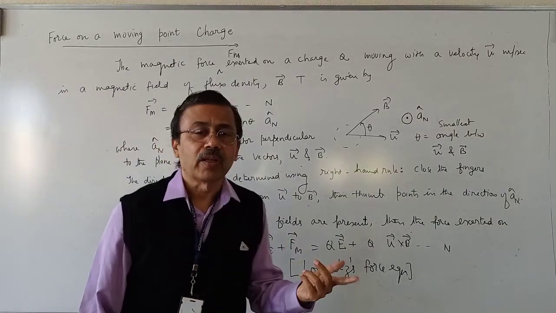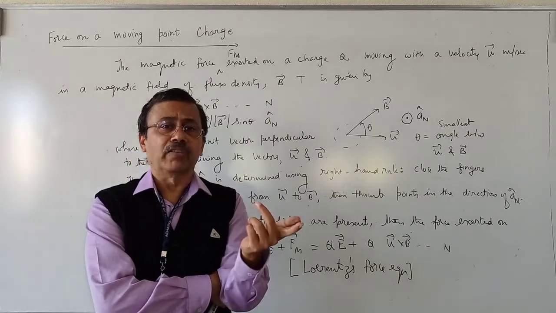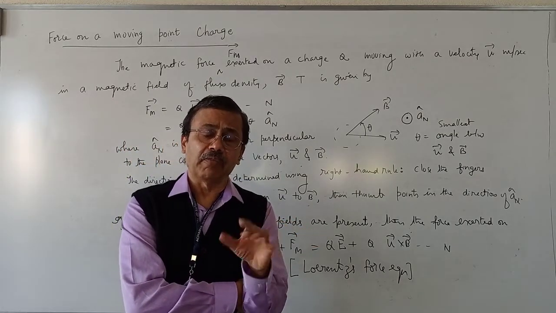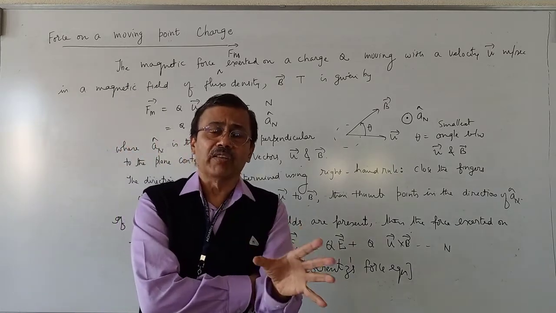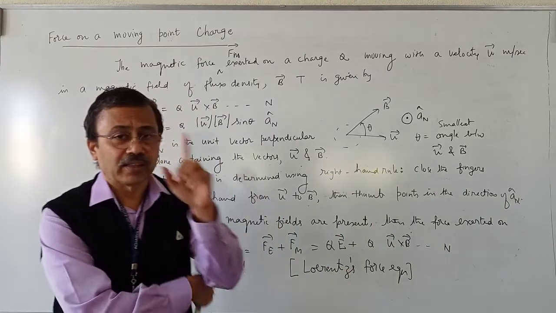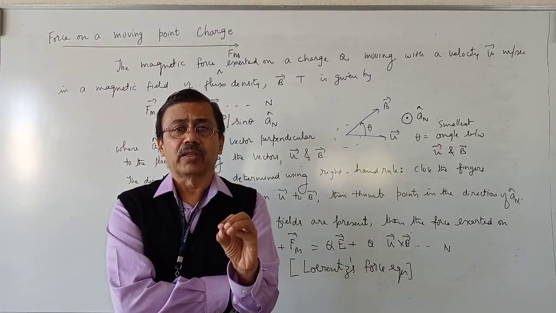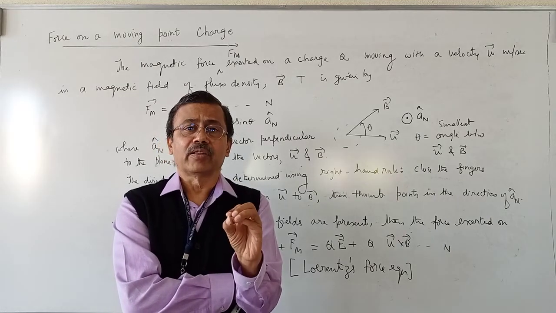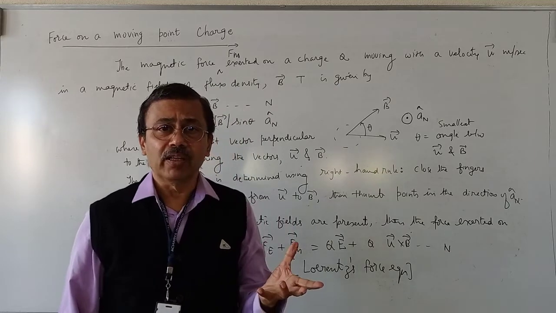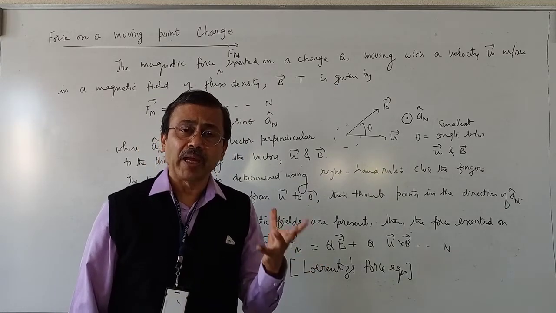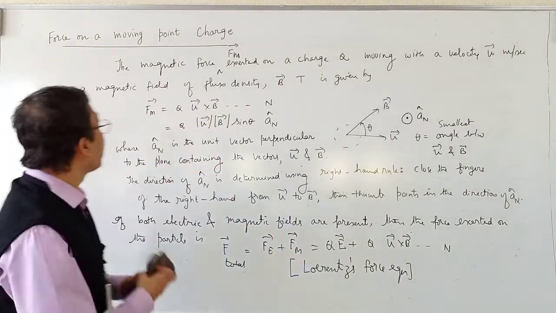Third difference is, work is done to displace a charge in the presence of electric field, whereas no work is done by the magnetic field, by the magnetic force, to displace the charge. These are the three differences. One by one I will write.